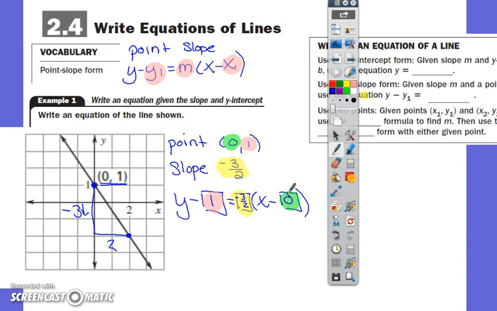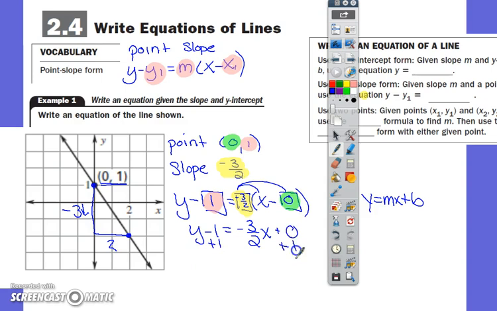Now you solve, and you eventually want to get it into y equals mx plus b form. We'll go to standard form at some point, but the first thing you do is distribute. So you get y minus 1 equals negative 3 halves x, and negative 3 halves times 0 is just 0. Don't care if you put plus or minus.